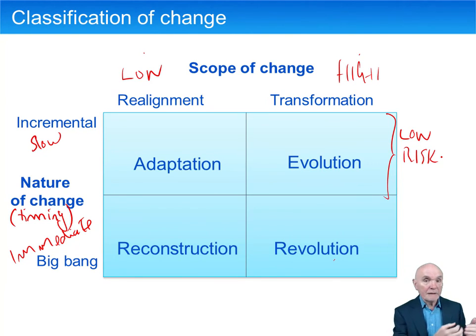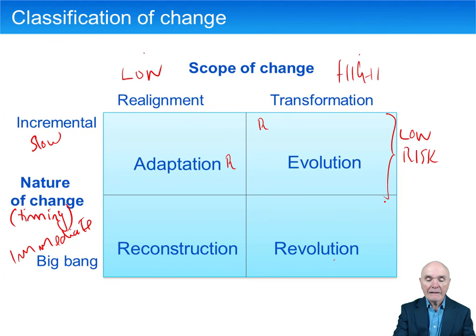Because you've not changed everything at once, it may be possible to reverse a change which has not been successful. Obviously, with evolution there's ultimately going to be a slightly higher risk than in adaptation. With evolution, you're changing the whole business, but slowly. With adaptation, you're changing maybe just one department, but slowly. But the gradual, slow, fairly relaxed nature of the speed of the change means we have nearly always got a fallback position.